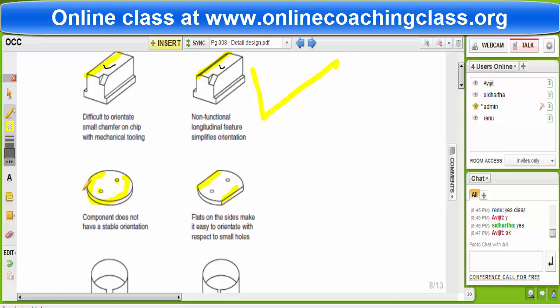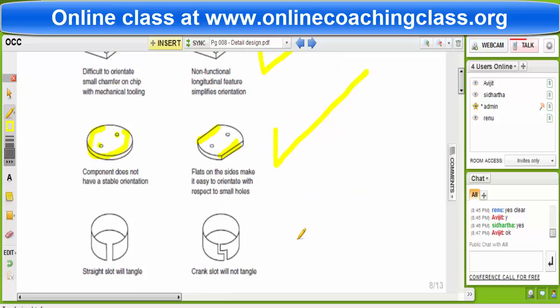But in place of this circular shape, if we make this type of shape, it has only two options, either this side or this side will be fitted. So when we go for the assembly design, we should also concentrate on the shape.